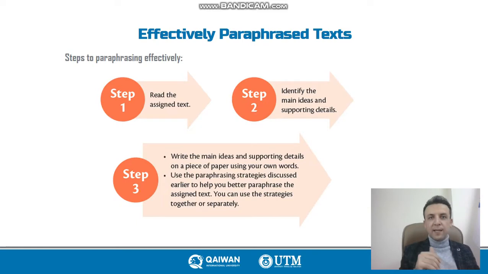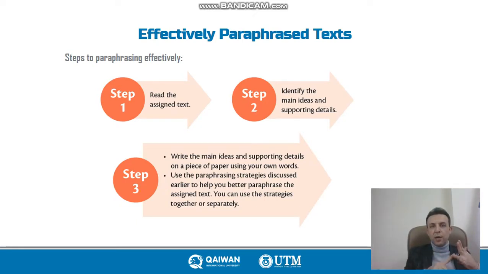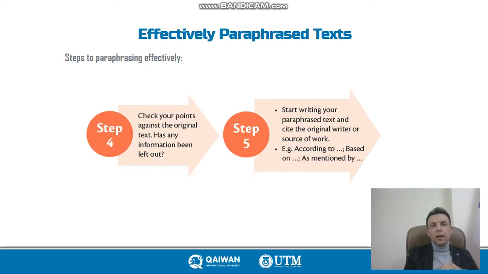So the whole idea is this. First, you need to read to understand the text carefully, then underline or highlight the important keywords. Write them down separately in the form of sentences or even words or phrases. And then after you write down the important points, you can write your own sentence and use them.